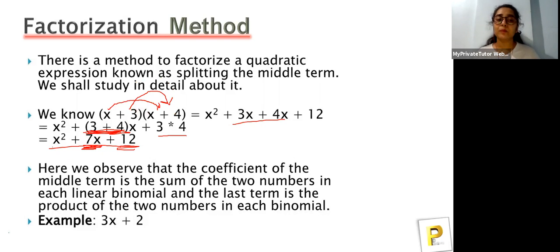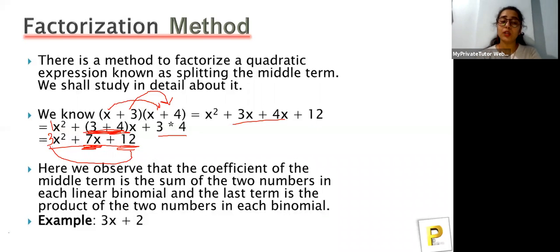So you have to find such numbers that their addition or subtraction is the middle coefficient, and their multiplication is a times c. If you see over here, this is 1, so 1 into 12 will be 12. Also, if you have 3 over here, then if you multiply 3 and 12, what do you get?